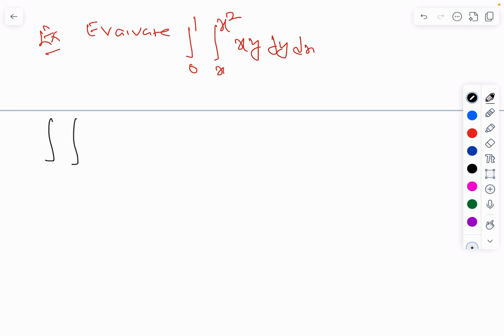So this limit is for y, which is a function of x, y from x to x square, and x is from 0 to 1. Integration of xy dy dx, first with respect to y.